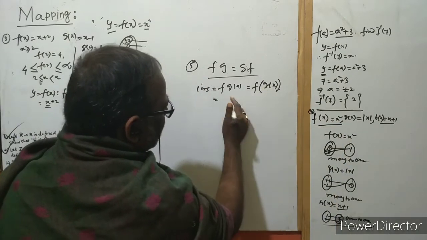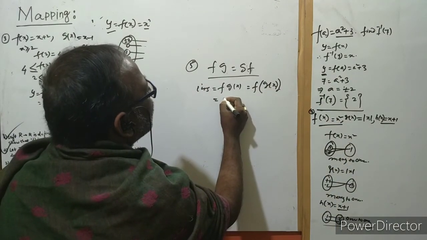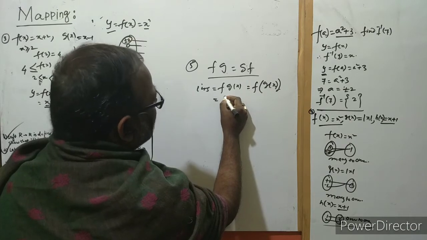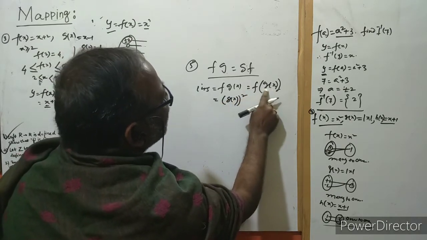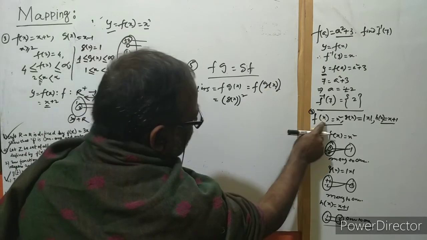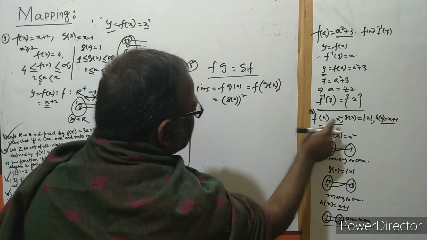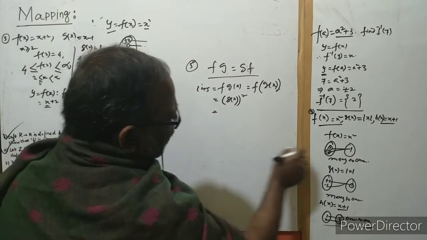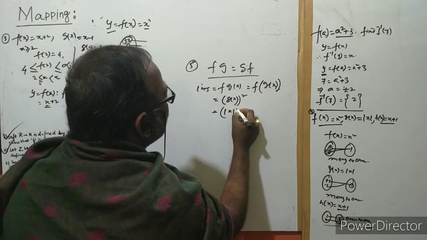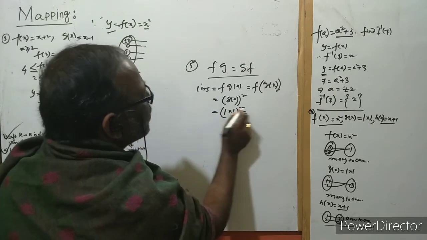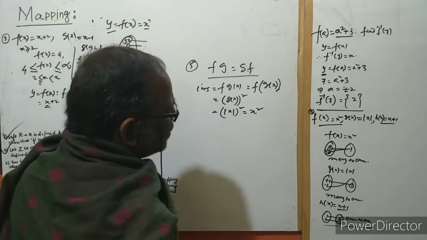So f of g is g of x whole square. In place of x there is g of x. So what is the value of g of x? This is mod x, and this is whole square. As mod x whole square, we always get x square.